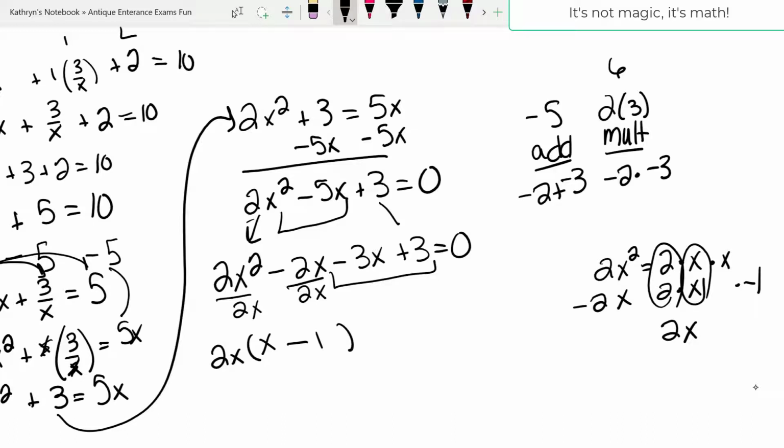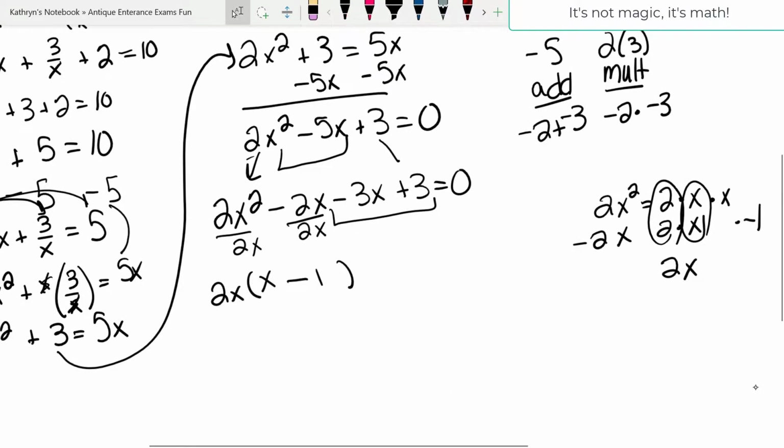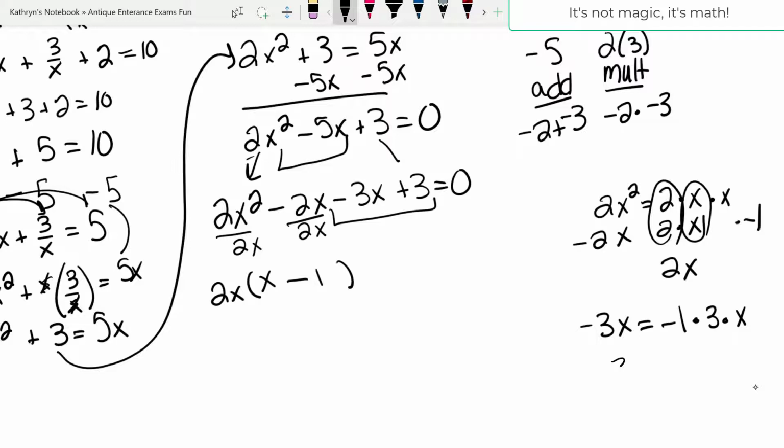We have, let me move this up just a little, all right. Negative 3x equals negative 1 times 3 times x. And 3 is 3. Now I think I've mentioned in other videos that anytime we have a negative here, we're going to for sure take out a negative number.